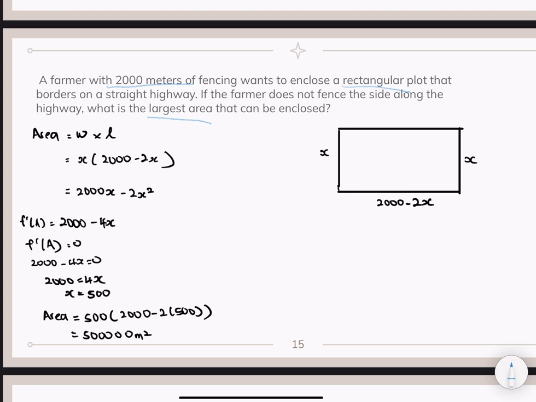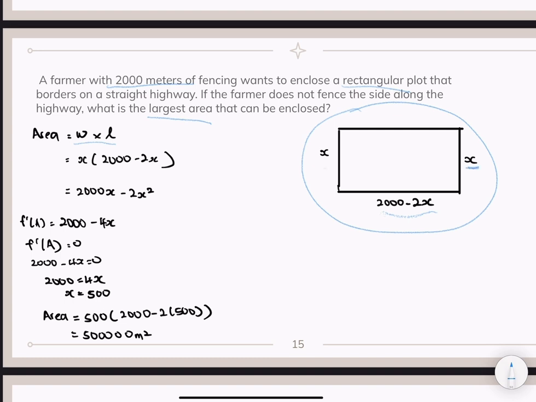So the first step is let's draw a rectangle. And then the area for a rectangle is width times length. And the perimeter for the rectangle is 2,000, so the length is 2,000 minus 2x, and the width is x.